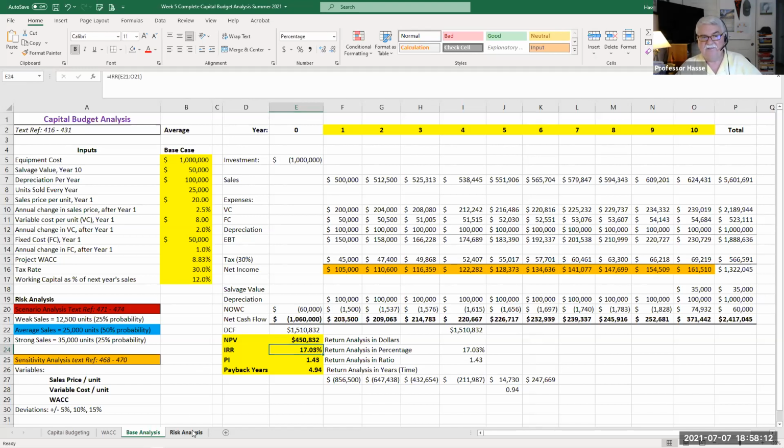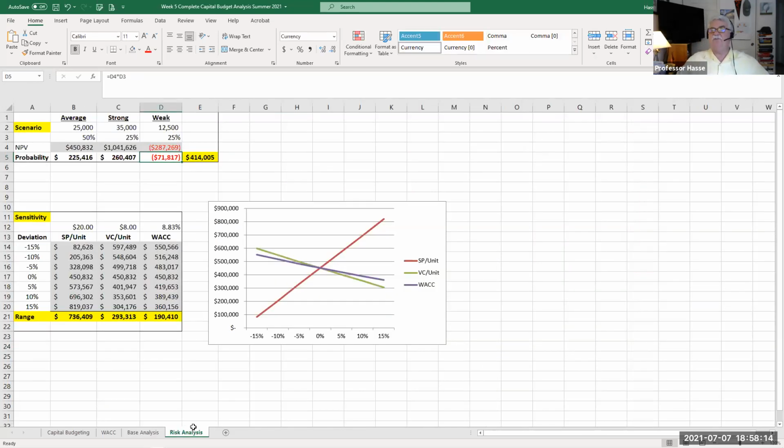The risk analysis takes a look at what if certain things change in the next 10 years. What happens if the economy gets stronger and we can sell more than 25,000 units a year? What happens if the economy becomes weaker and we can only sell 12,500 units a year?